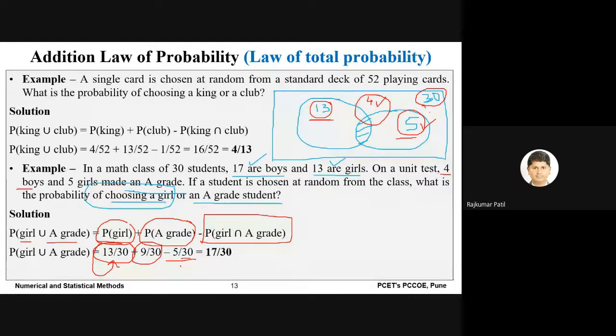So when you simplify this, you will get the answer as 17 by 30. What this answer indicates is that there is a 17 by 30 chance that a randomly picked student from the class is a girl or received A grade. So this is how we can interpret this particular example.